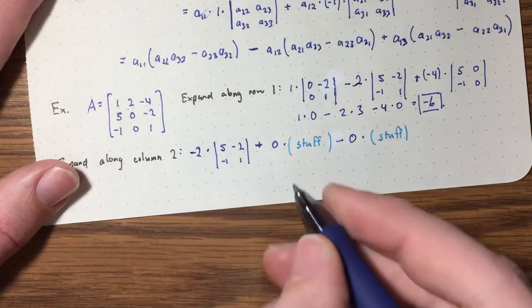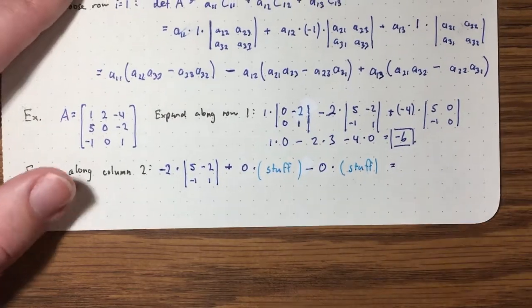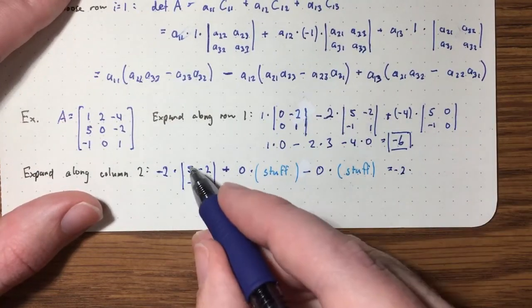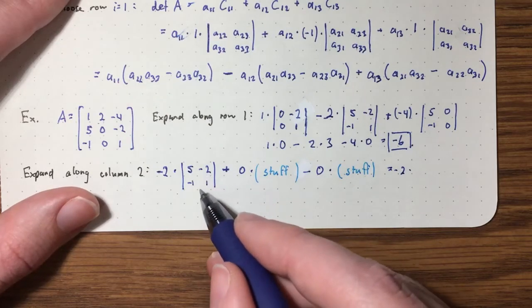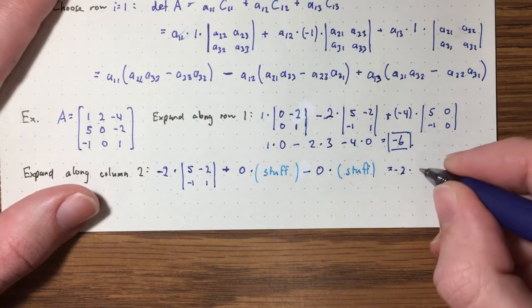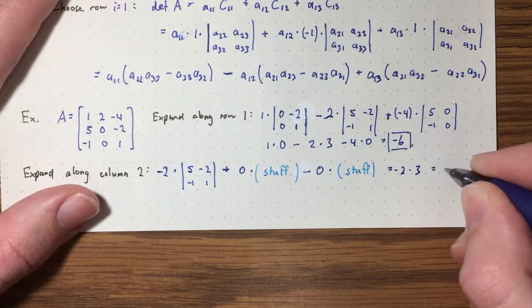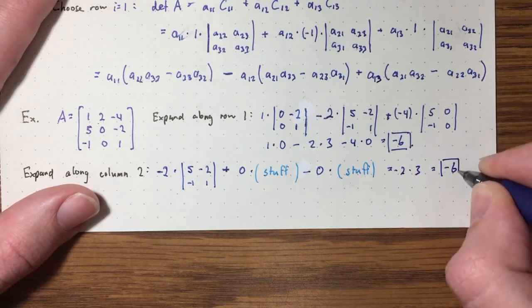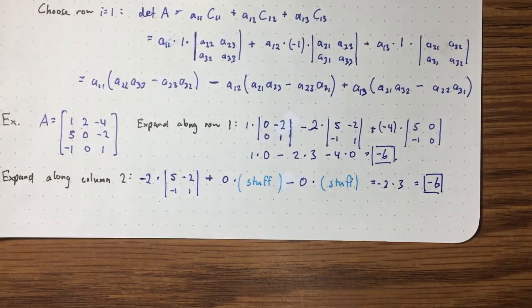So my determinant is just this part, which equals -2 times, what is this going to be? 5 minus 2, which is 3, so -2 times 3, which is -6. Okay, so take advantage of rows and columns that have lots of zeros in them. That's the moral of that story.